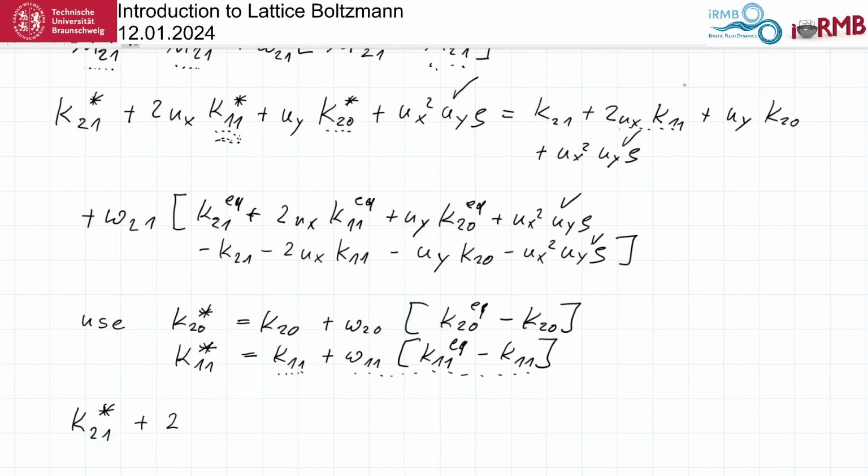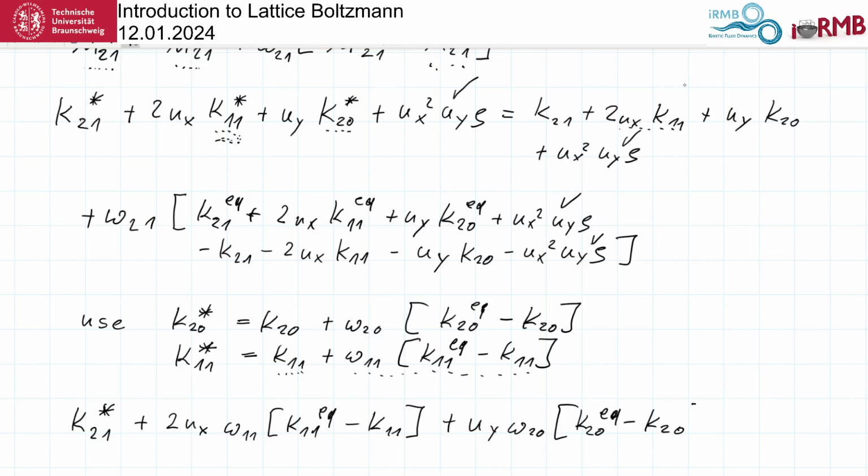This is why I'm only writing this part, otherwise it would become a little long. So it's 2ux omega 1,1 times (k 1,1 equilibrium minus k 1,1) plus uy omega 2,0 times (k 2,0 equilibrium minus k 2,0).